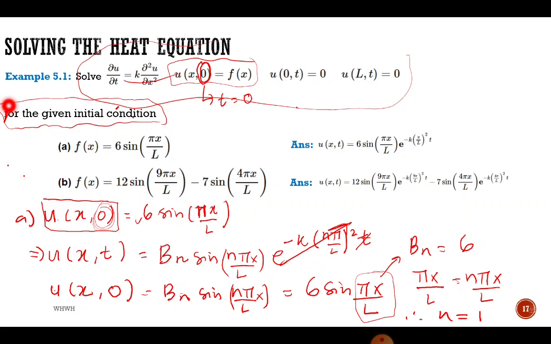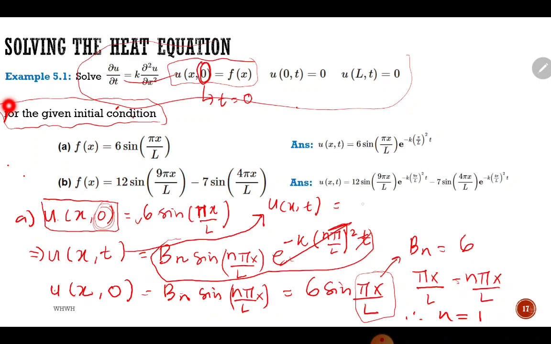So maksudnya kita punya u at t untuk soalan A ni adalah, general formula kan yang ni, bn sin n pi x over L e the power of minus k n pi over L square t.